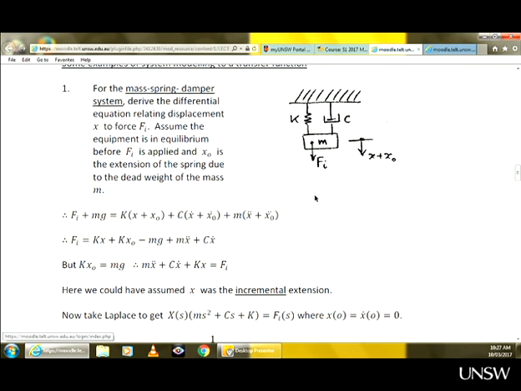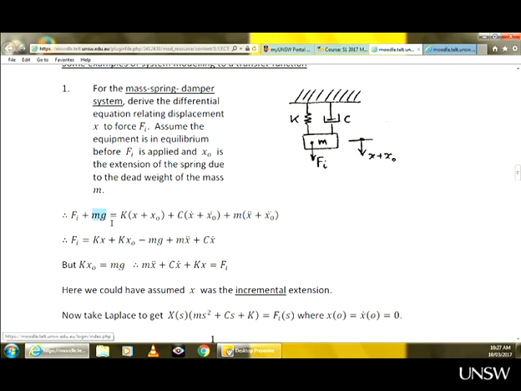Now let's write a differential equation describing this system. Now you are applying the input Fi, and as a result, the mass will move along this x-axis. So the displacement will be x plus x naught, where x naught was the initial displacement. Force analysis: the force acting on this object is Fi. If you take the downward direction as positive, you have Fi, and you have the weight of this mass, mg.